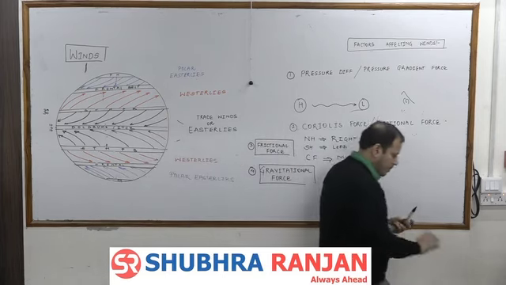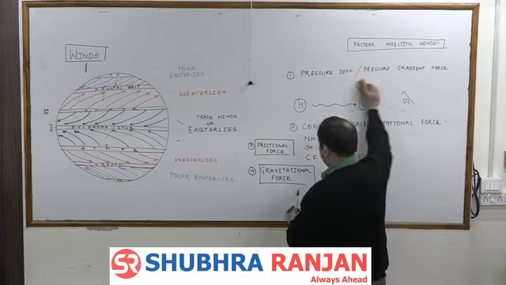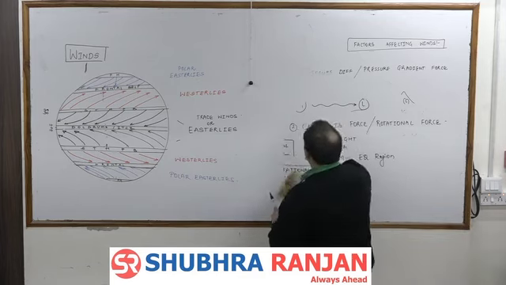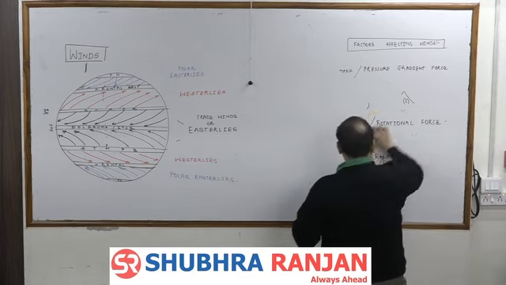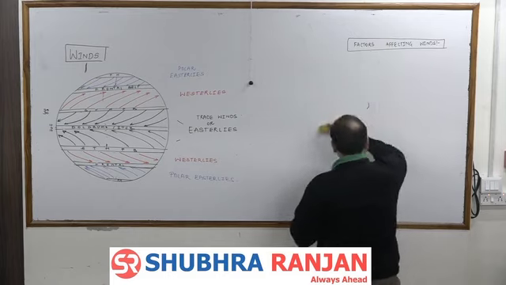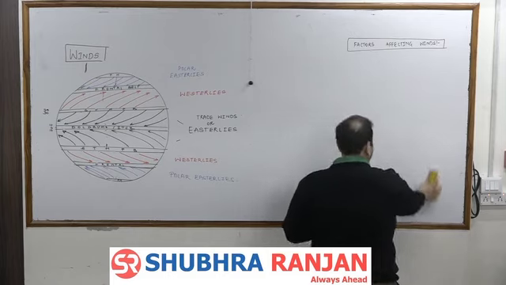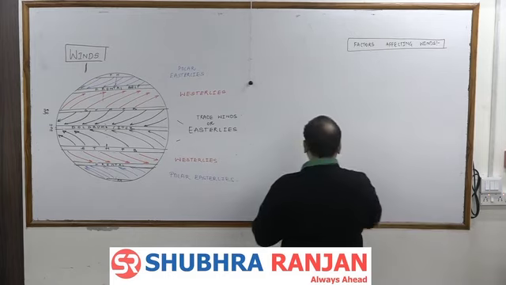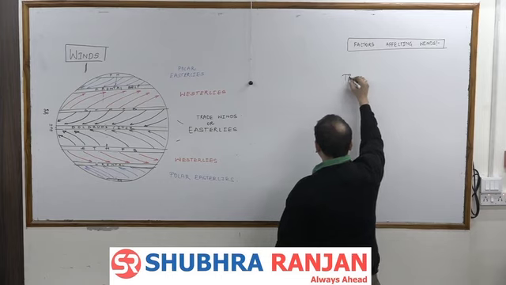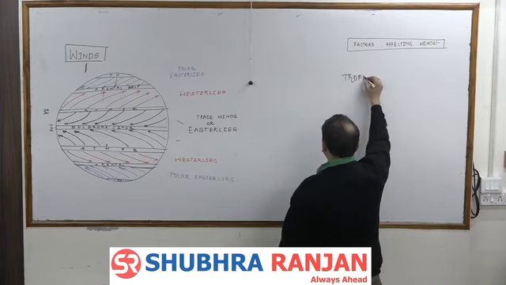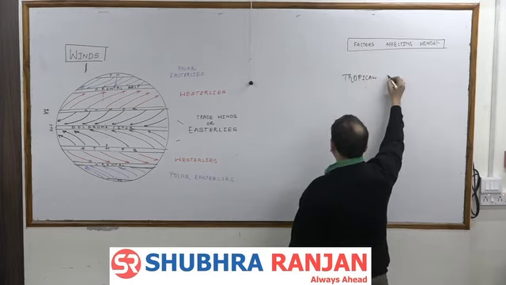Therefore, the wind velocity is greater in the tropical and subtropical disturbances.